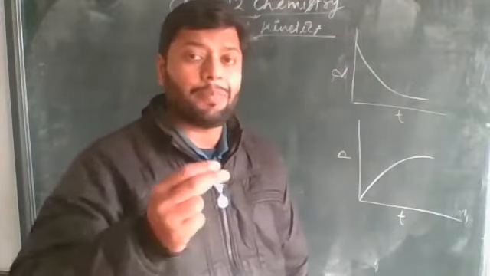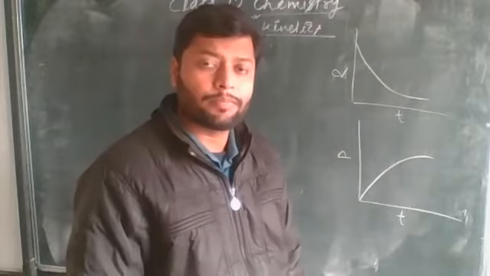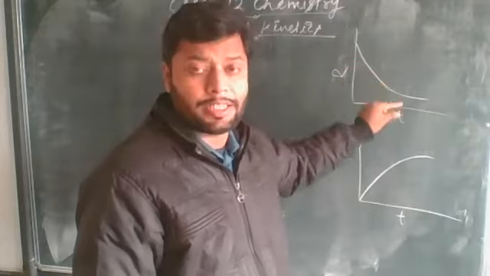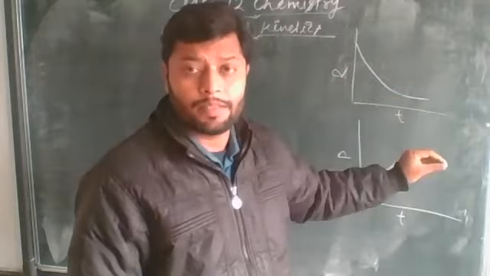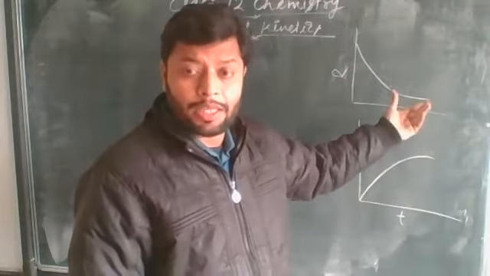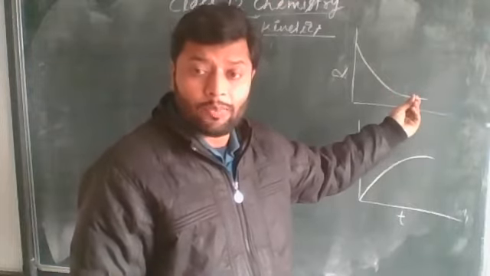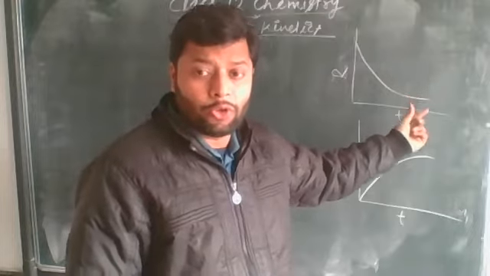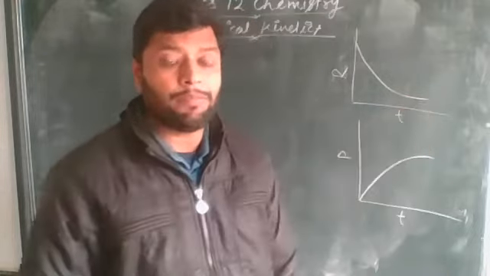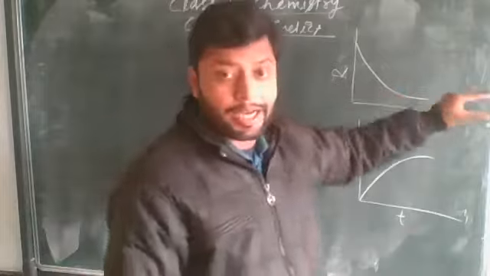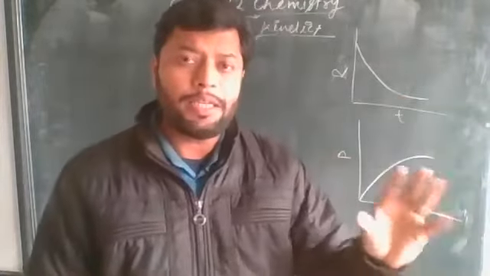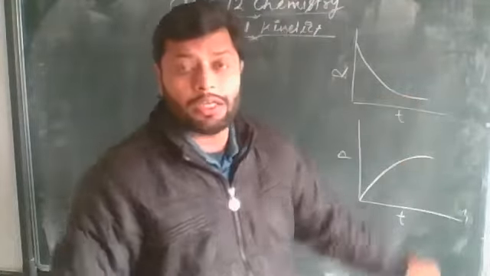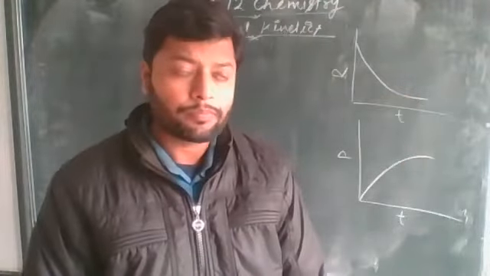As the concentration of reactant decreases, the disappearance of reactant also decreases, and after a certain time, the graph becomes nearly parallel to the axis, indicating that after some time the disappearance of reactants will be at a very low value.